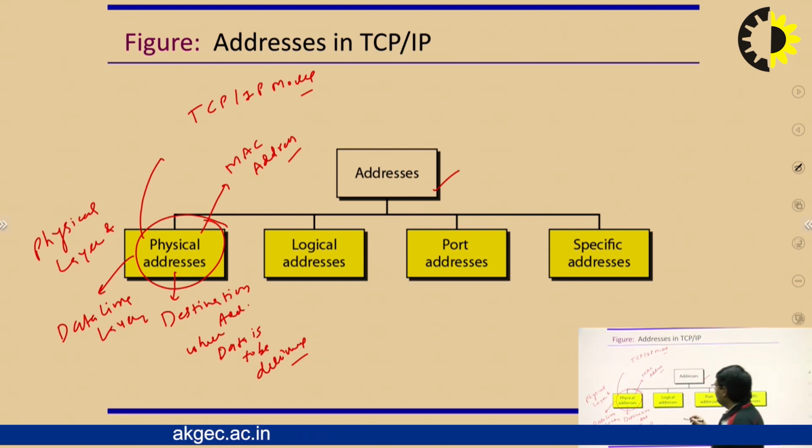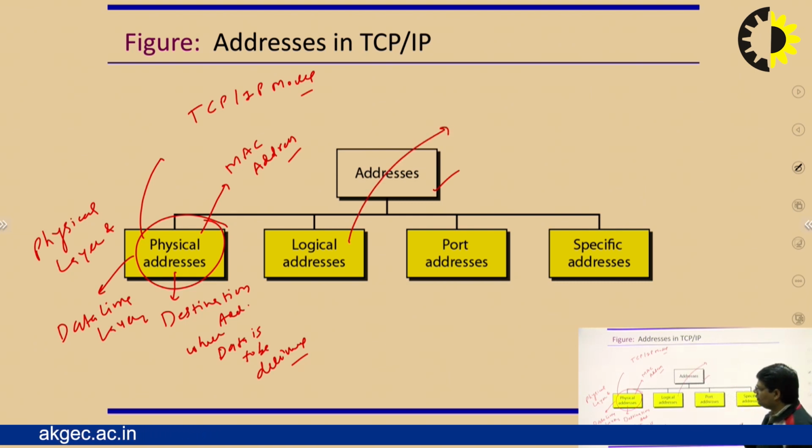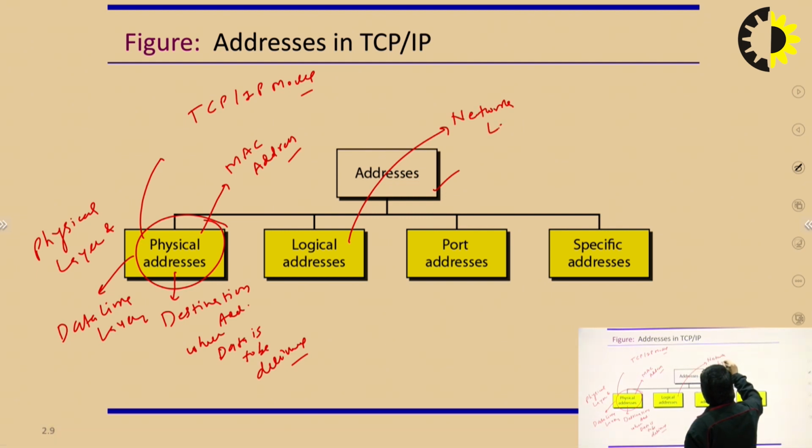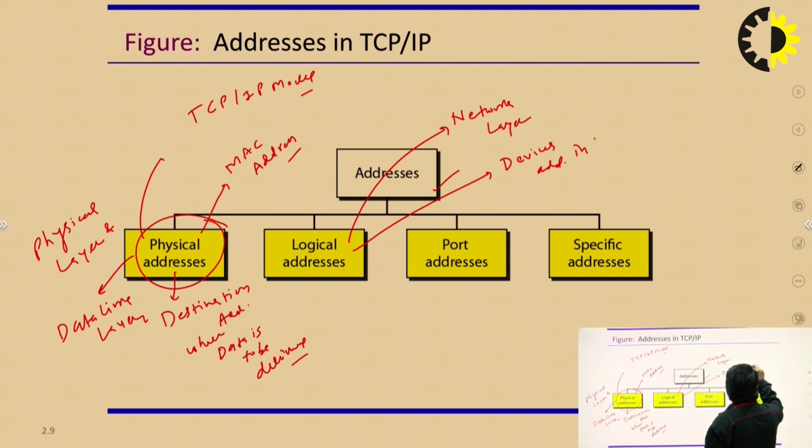Then we have the logical address. Logical address is used at the network layer. In the IP model, this logical address is used at the network layer. Logical address is the device address in the network.